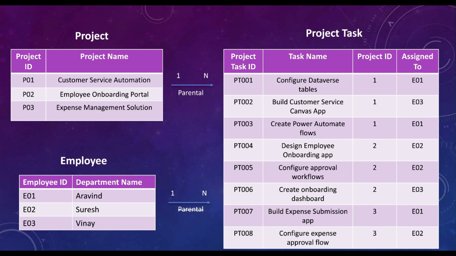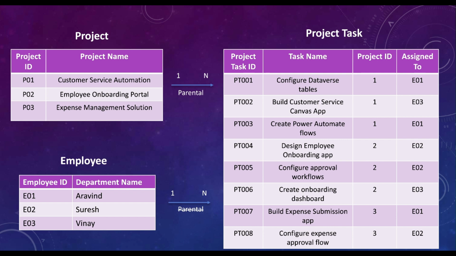In this slide, here we have 3 Dataverse tables: project, project task, and employee. Project and project task have a one-to-many relationship. This relationship is configured as parental. Project task also has a relationship with employee through the assign to field. However, this relationship cannot be configured as parental.